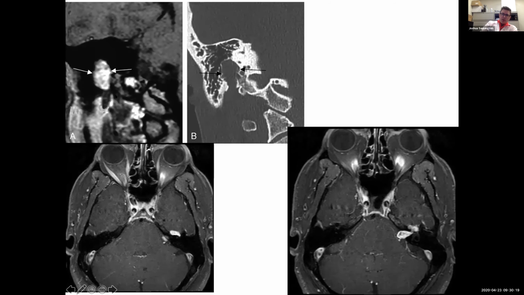For someone that has a lesion like this with House-Brackmann 1 facial function, keeping an eye on it is absolutely reasonable. If you were to resect that lesion, you're pretty much guaranteeing that patient a best outcome of a House-Brackmann 3. And so for your in-service board situations, with facial neuromas, you want to wait for their face to get particularly bad in order to move forward with any kind of intervention.